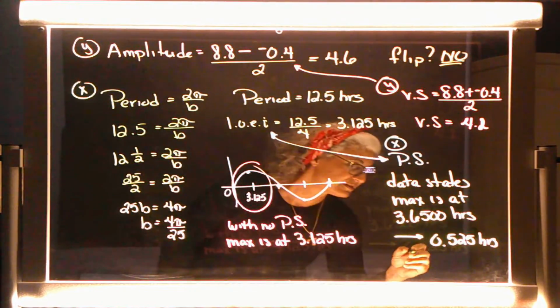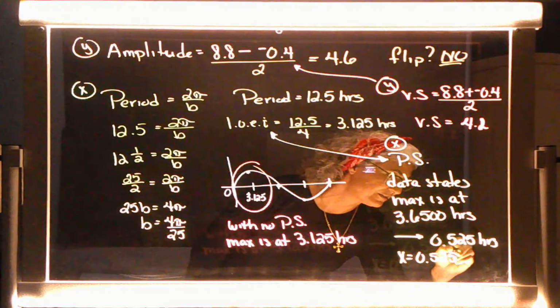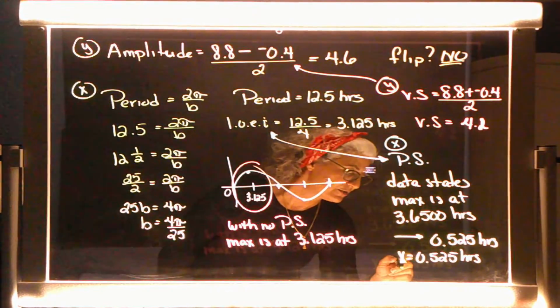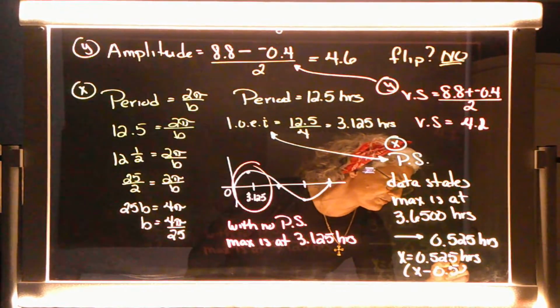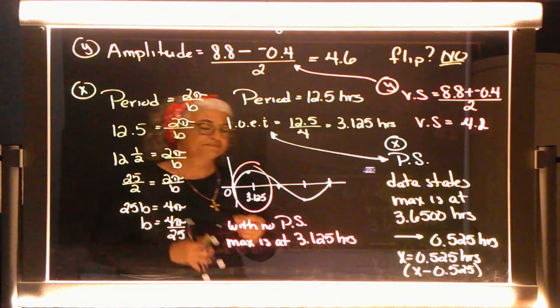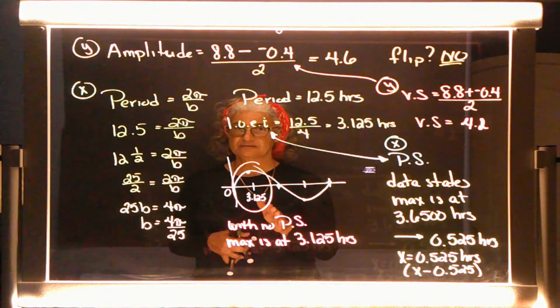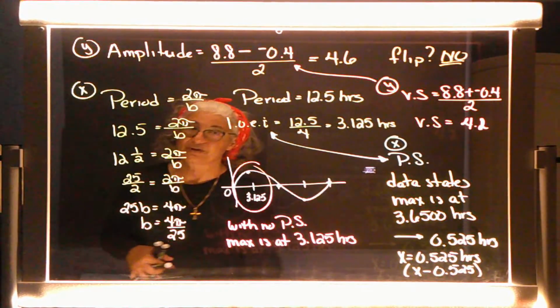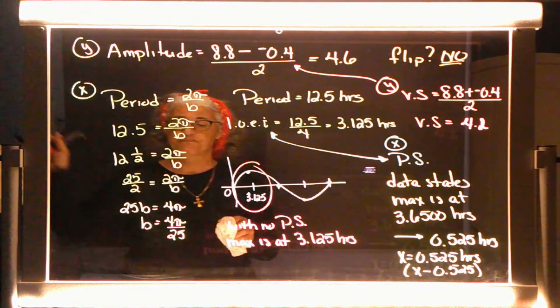Which means x equals 0.525 hours, which means the parenthesis had x minus 0.525, didn't it? Okay, with me? So if you're not, stop, rewind, play again. That's the advantage of a video.